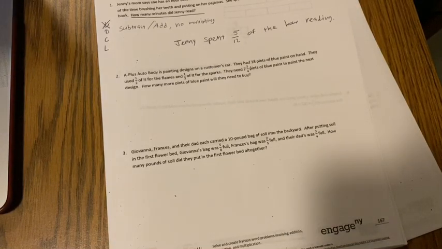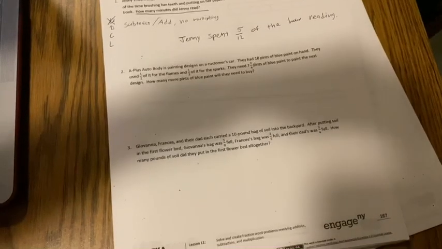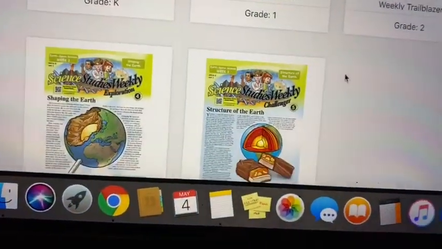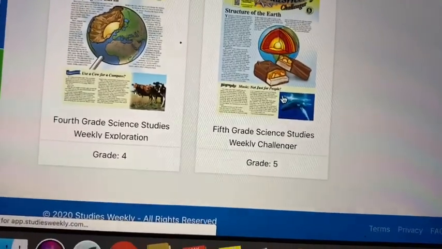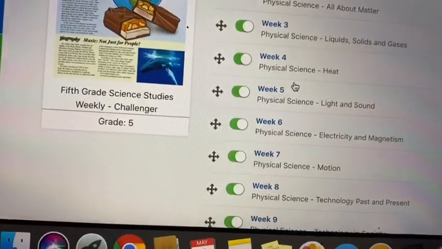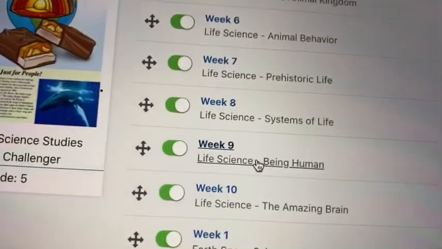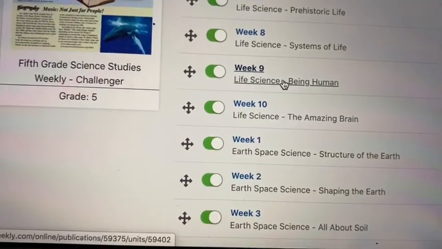Now for your science, everybody, you're going to start on your new chapter, your new unit. You're gonna go down to 5th grade science. And this week's unit, everybody, is we are gonna talk about the human body, which is actually kind of cool. It's gonna be week 9 life science called Being Human.